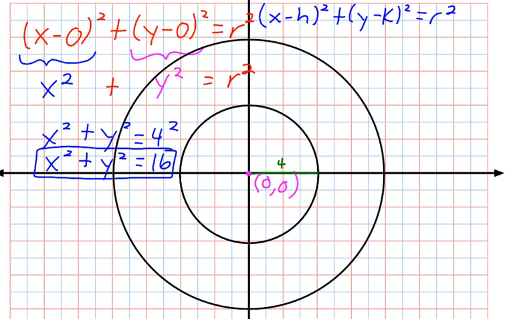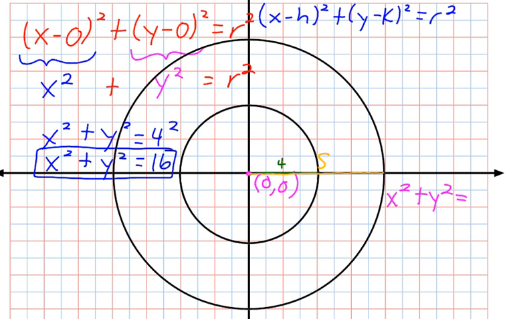So I'm going to start off my equation with x squared plus y squared. And now I just have to see what my radius is. So if I count outward, 1, 2, 3, 4, 5, 6, 7, 8.